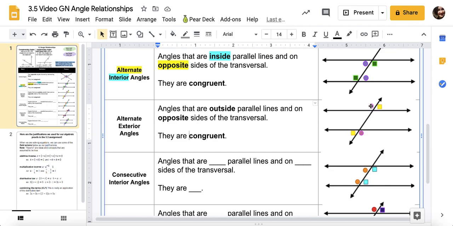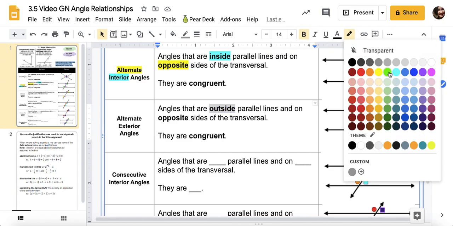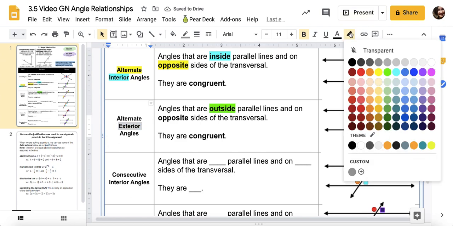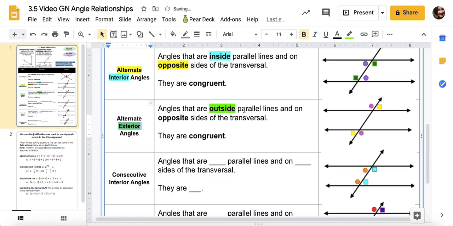They're outside of these parallel lines. This is where our interior angles would be. So these are our exterior. And then they are on opposite sides of the transversal. That is what we mean when we say exterior. They're on the outside of the parallel lines.